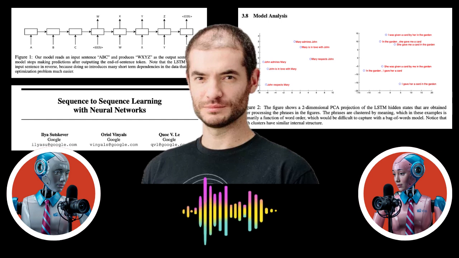Imagine something that can describe a picture perfectly, answer questions about a video, or even make realistic images from just a description you give it. That is mind-blowing. It's like we're moving towards AI that can blend language and visuals just like we do. We are, and that has big implications for everything from art and entertainment to education and scientific discoveries. I'm excited to see where this all goes.